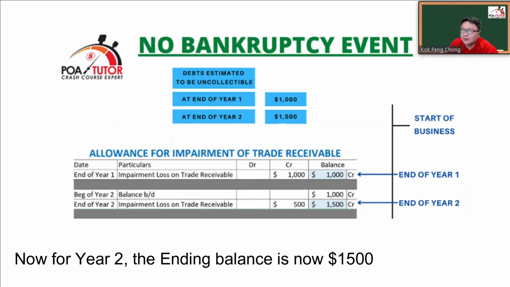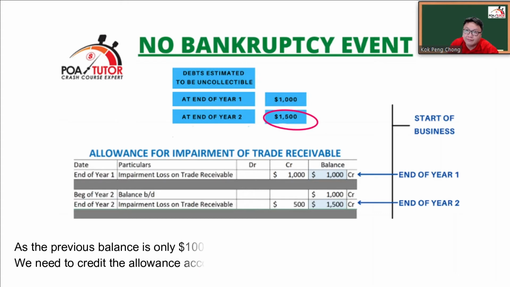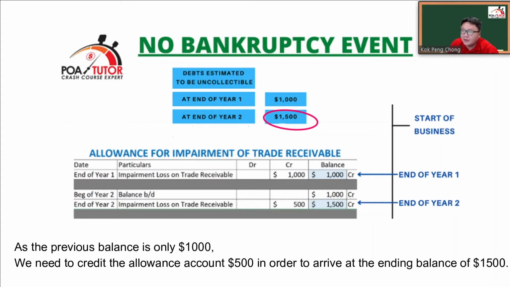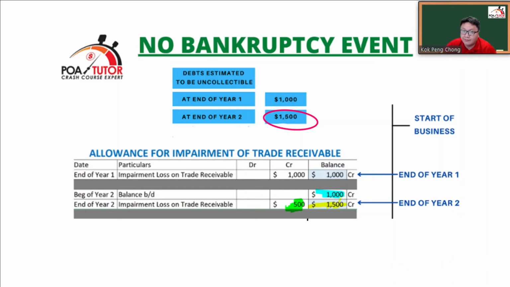Now for year 2, the ending balance is now 1005. As the previous balance is only 1000, we will need to credit the allowance account 5 in order to arrive at the ending balance of 1005.